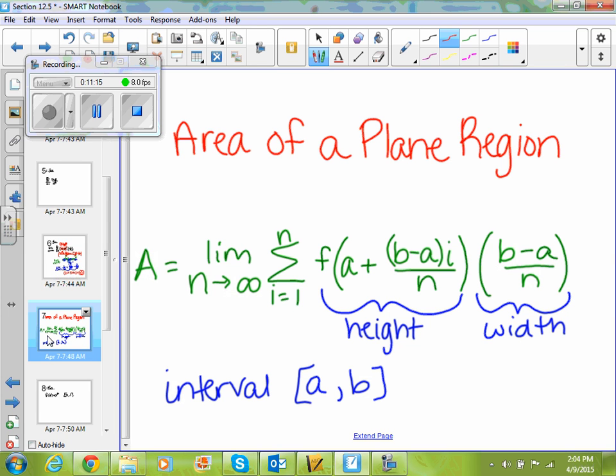So to find the area of a plane region, you take your limit as n approaches infinity of your sum of your function of a plus (b minus a)i over n, times (b minus a) over n. And so the function part gives you your height, the (b minus a) over n gives you your width, and when you multiply, then you get an area. And the a and b come from your interval.